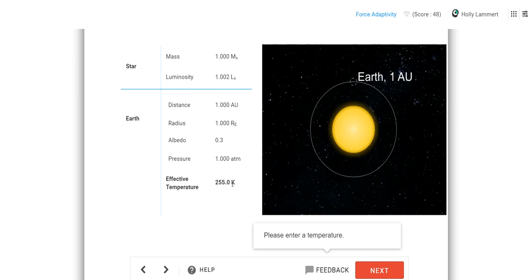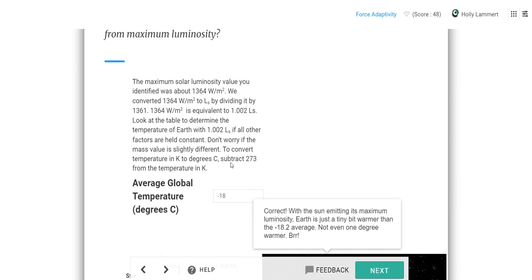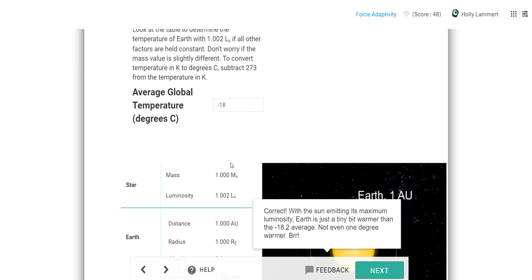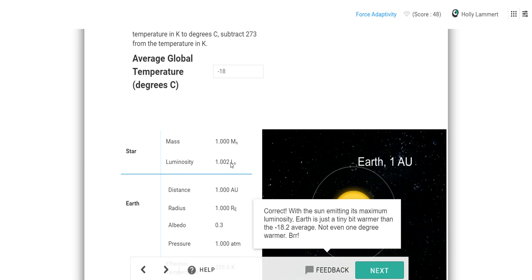So let's take this value now. Subtract 273. You should get negative 18. And so if we're tracking all these numbers, it's not really even that much warmer, right? Just a tiny bit warmer than the average.